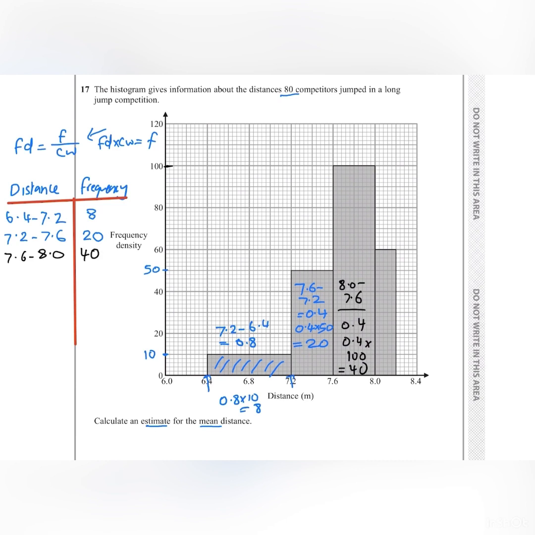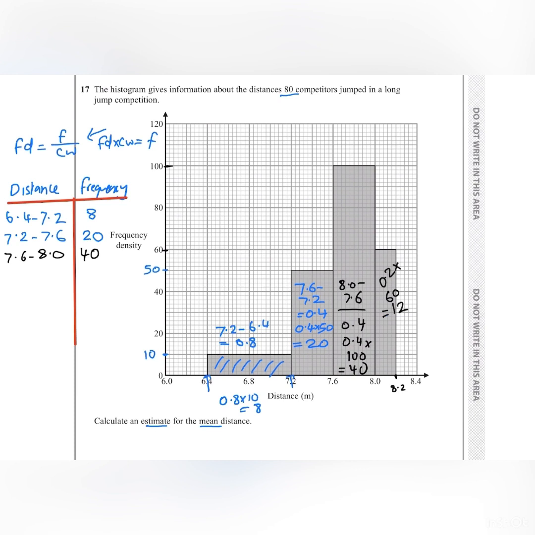And then the final bar is between 8 and 8.4, and it's in the middle of 8 and 8.4. So 0.2 times the frequency density of 60 is 12 people.